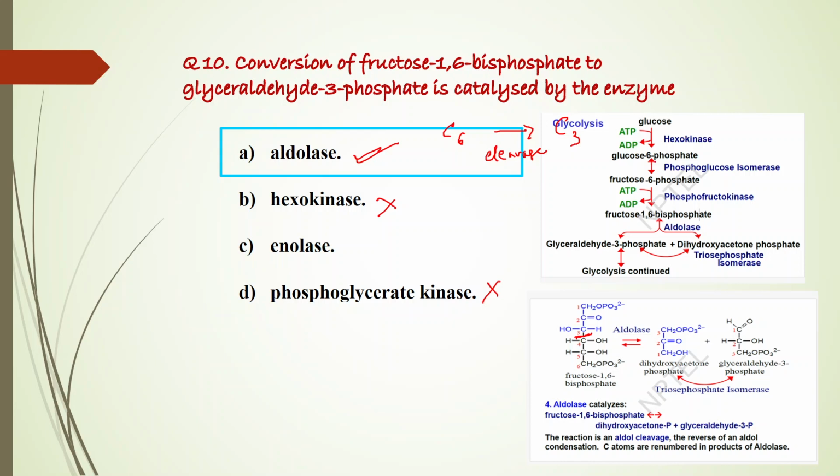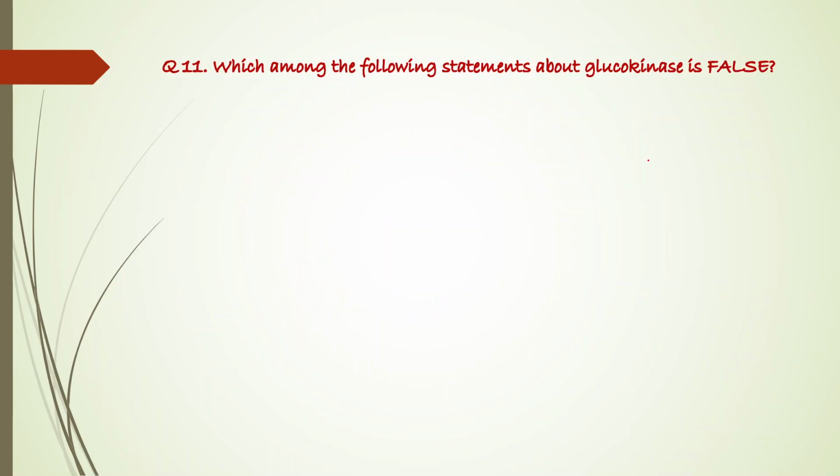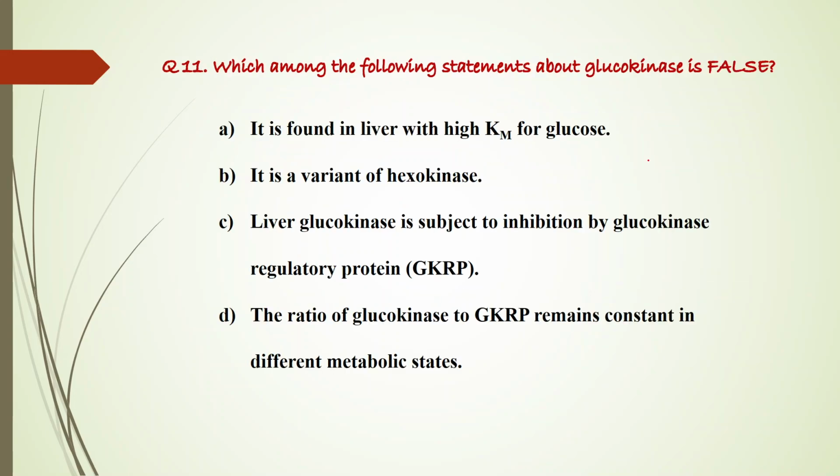There is another enzyme that can do this step, that is basically your glucokinase. So apart from hexokinase, there is another enzyme that can form this glucose 6-phosphate, that is your glucokinase.